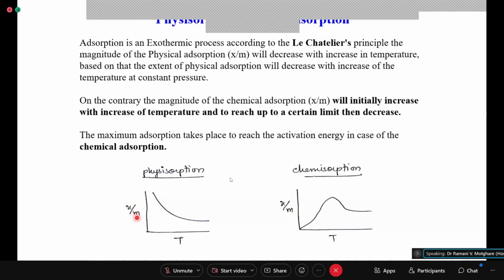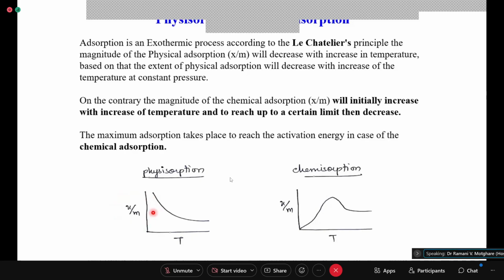I am very much used to using the term X by M because it gives a clear segregation: X is the adsorbate, M is the adsorbent. But in many books you will find they use the term Q, QE, and so on. Whether it is a gas-solid interface or liquid-solid interface, always make a habit of using X by M.